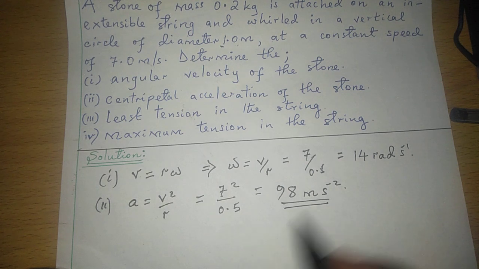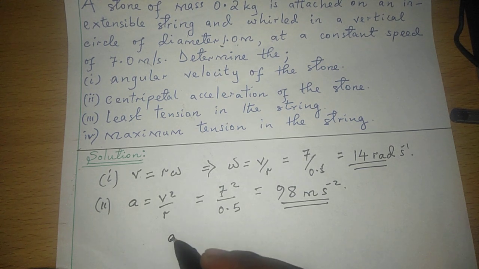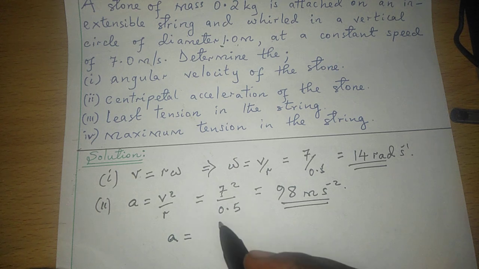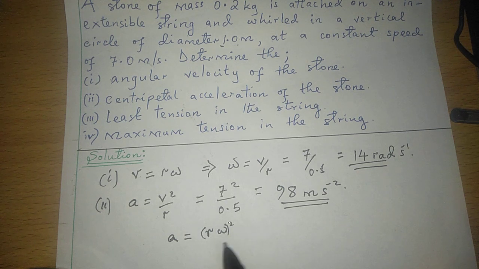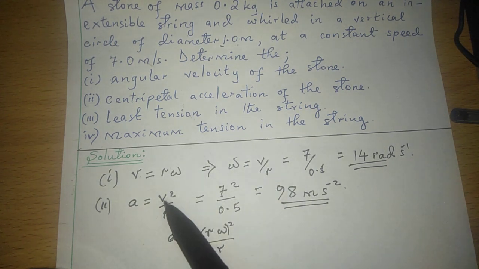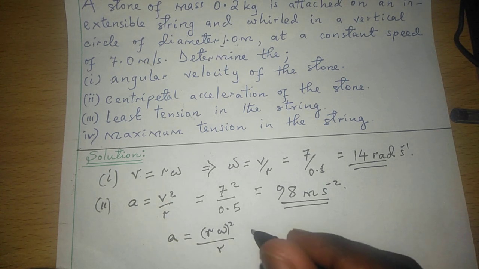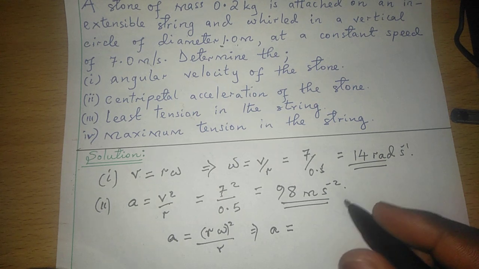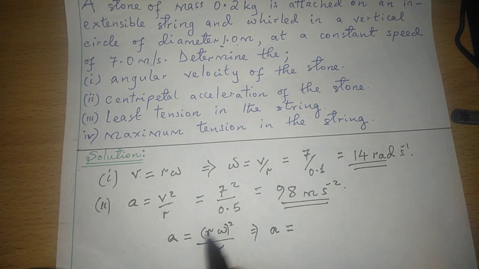Okay, alternatively, for this part 2, we can say that because velocity is given by r omega, instead of v, we can have r omega, such that when we have r omega and we square them, r omega squared, then divided by r. So we are having r omega instead of v in this equation, and you realize that centripetal acceleration can be calculated by r squared divided by r.